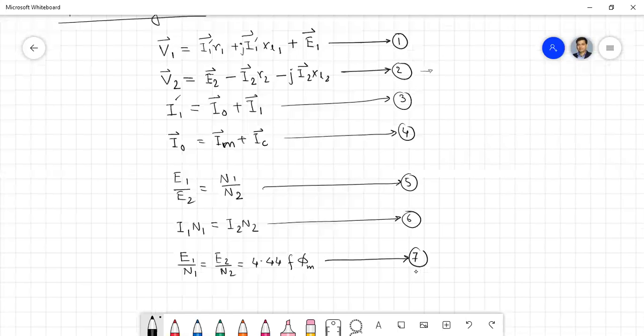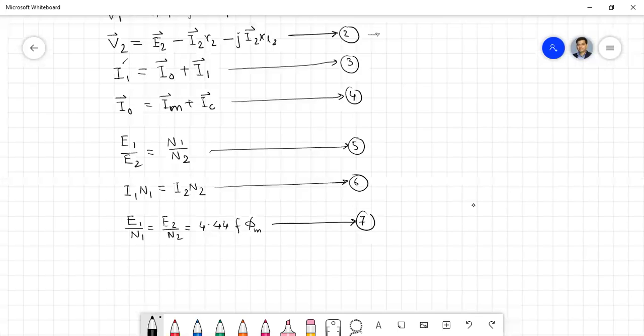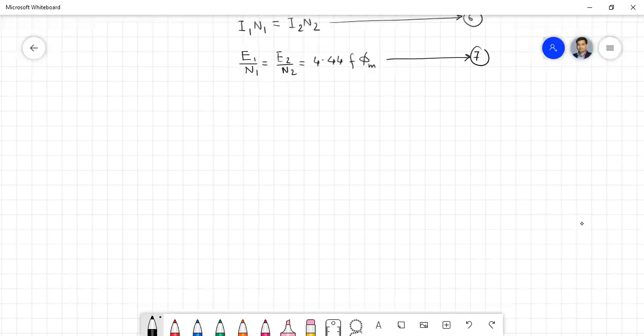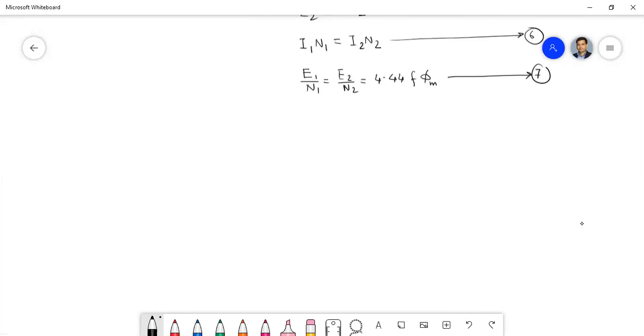Because if you want to understand this practical scenario, then if we have a transformer, here you have some incoming line and some outgoing line. So this is your transformer. You have some input voltage, we have some output voltage.